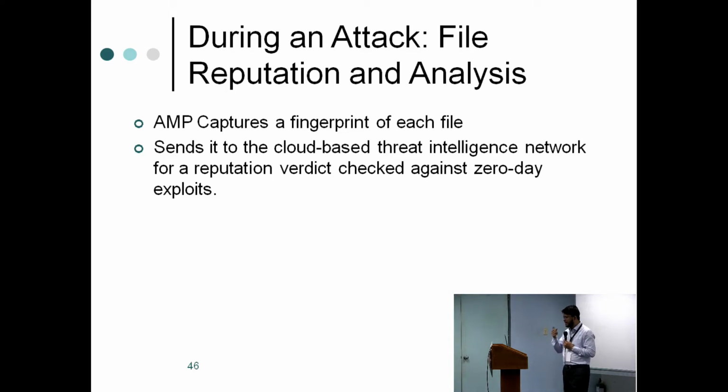File reputation analysis. This is most related to emails. If you have attachments with emails, and different kinds of files are there, it captures fingerprints of every file, and these fingerprints are analyzed against a global database, to see whether this is a malware attachment or a valid attachment. Okay?